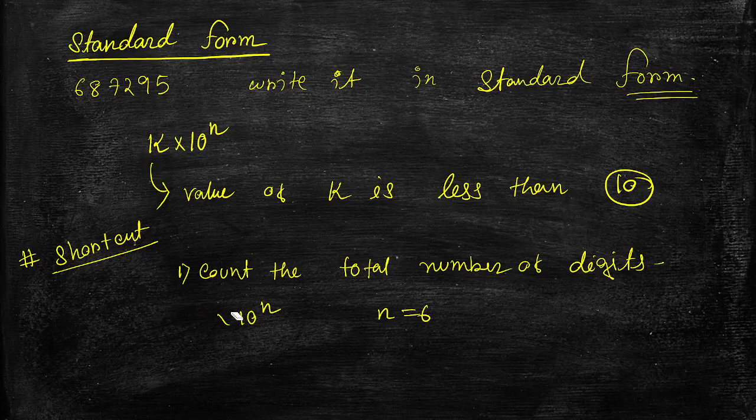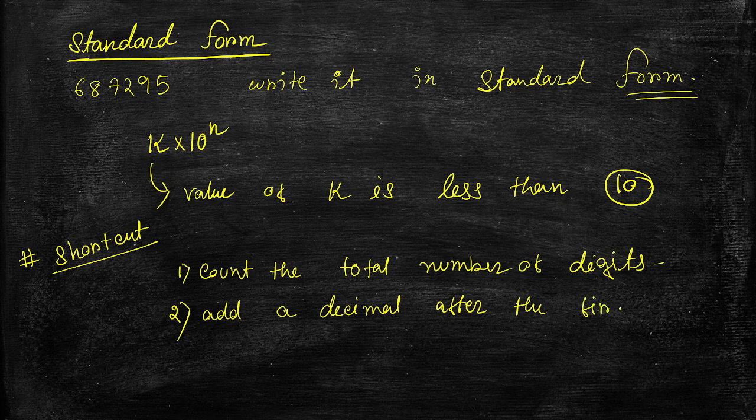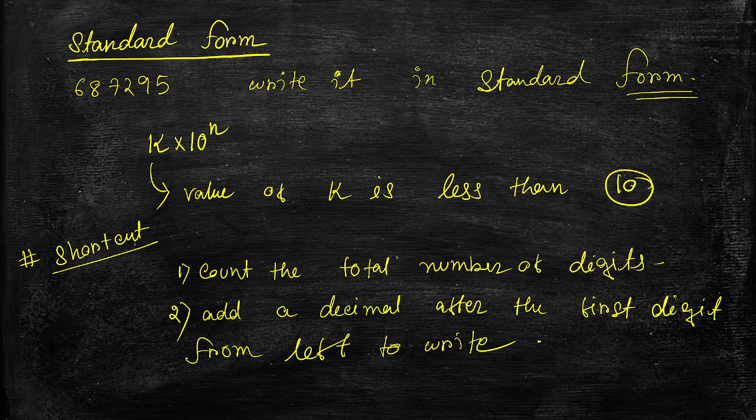We just write it in the standard form in that way. Next, add a decimal after the first digit from left to right.